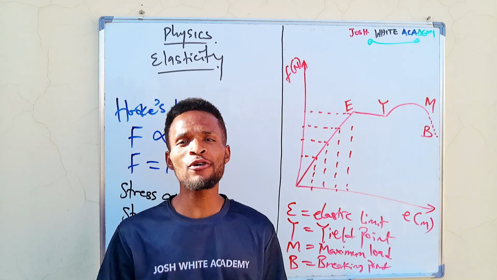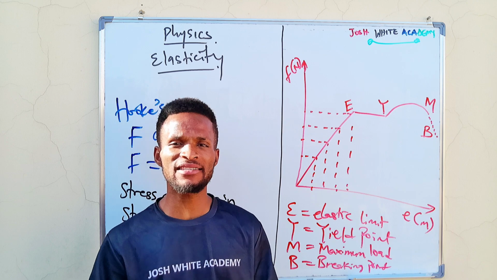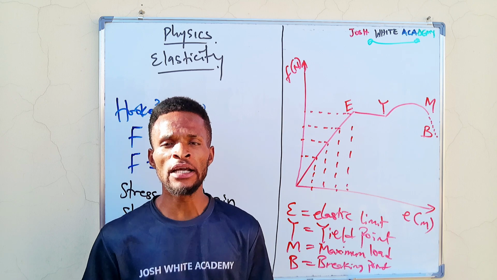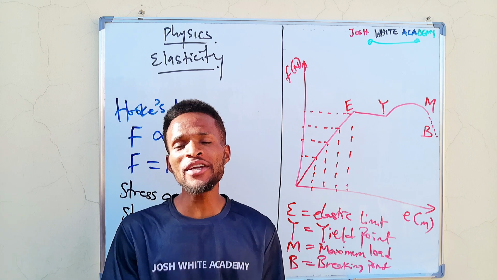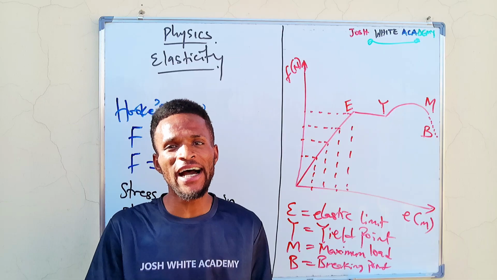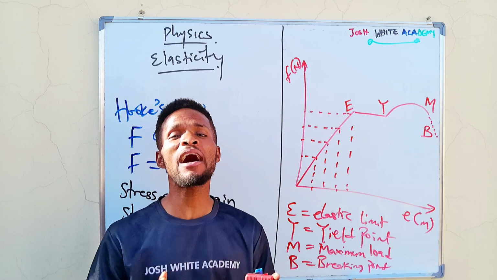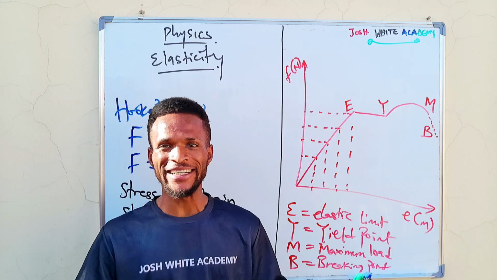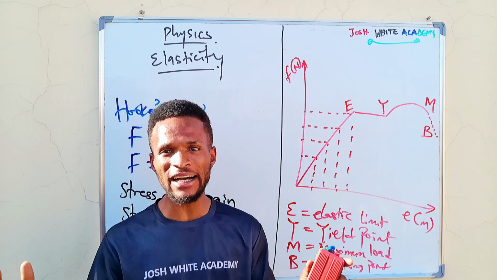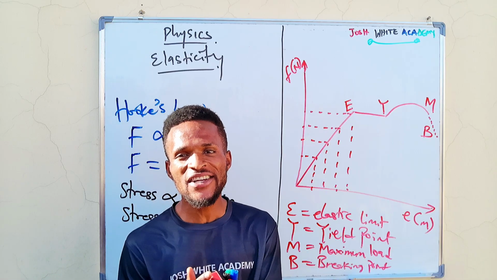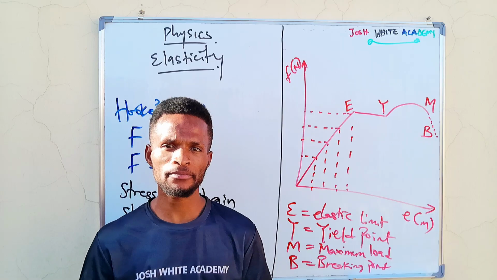So when a force is applied to an elastic material, the bond between the molecules of that material is stretched but not broken. So even after the force is removed, the object returns to its original length or size.